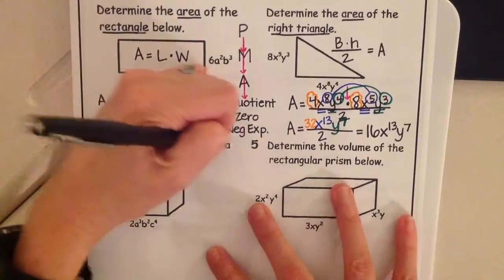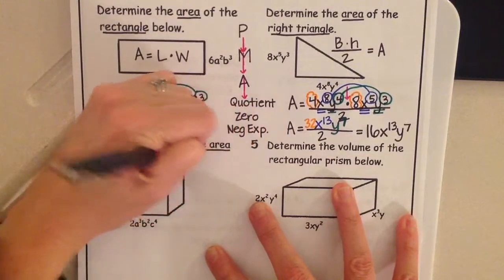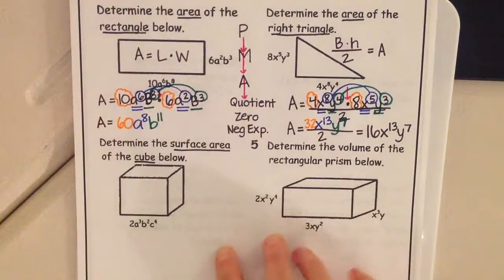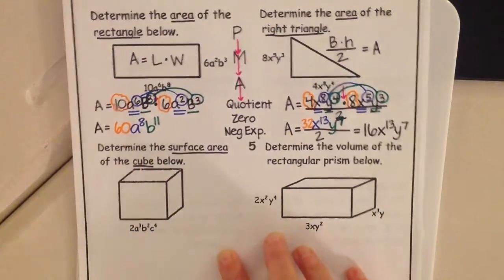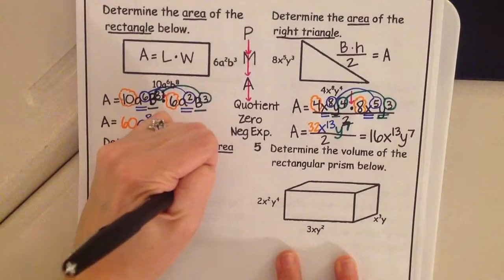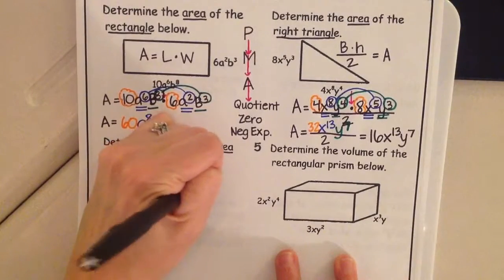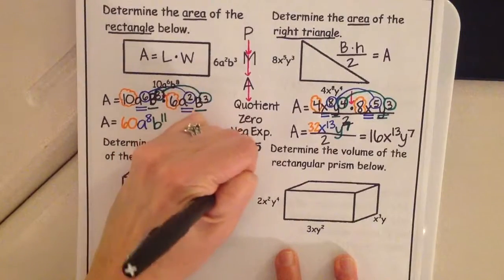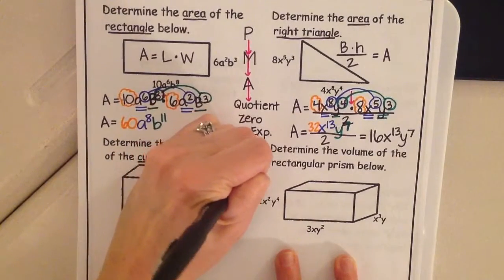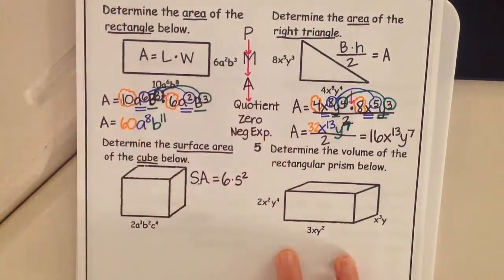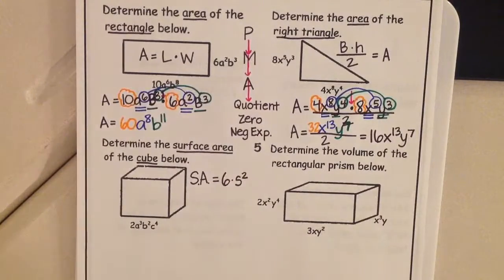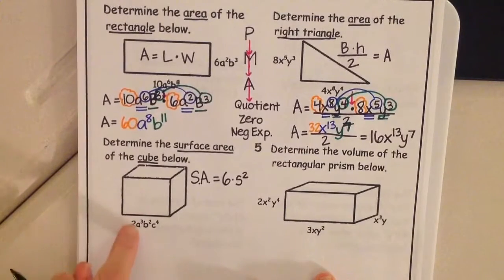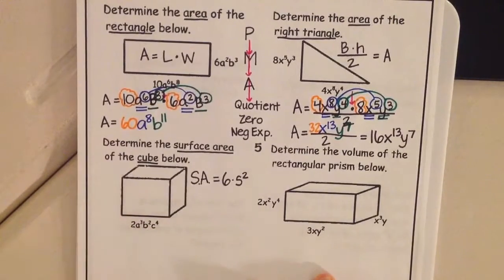All right, let's look at the next one. Determine the surface area of the cube. Okay, so if I look at my formula chart, which I have beside me, I'm going to see that the surface area, I'm going to abbreviate it S.A., is equal to 6 times side squared. Okay, so I've got to know how long one of the cube's sides is, and they told me it's 2 times a to the third times b squared times c to the fourth.